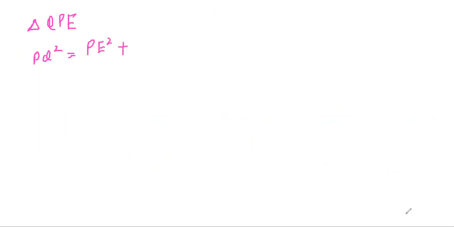Till now I have used two right triangles, the bigger one and the small one. With the help of this triangle, you can find the value of PE square. The value of PE square would be PQ square minus QE square. Let this be your second equation.